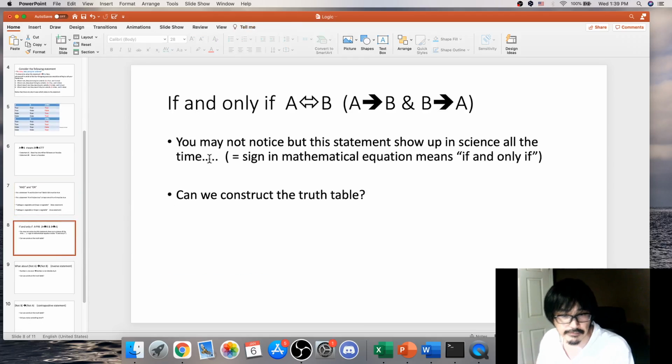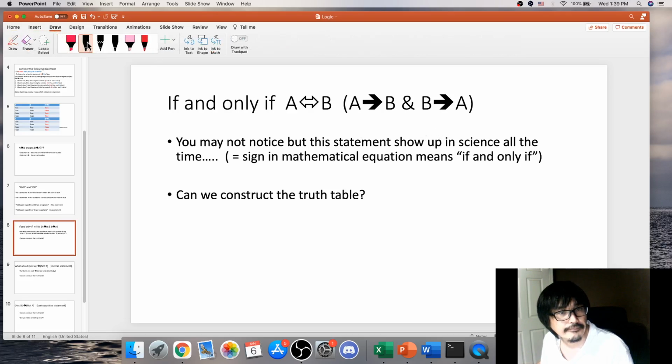And there is another statement called if and only if, which means that A implies B and also B implies A. For example, in a regular mathematical statement that you may actually see, like 3 times 2 is equal to 6, right?